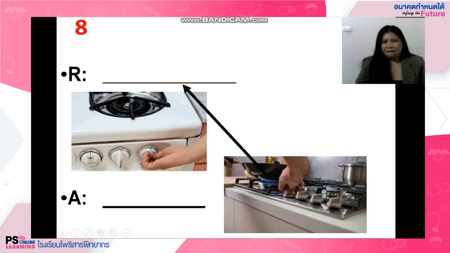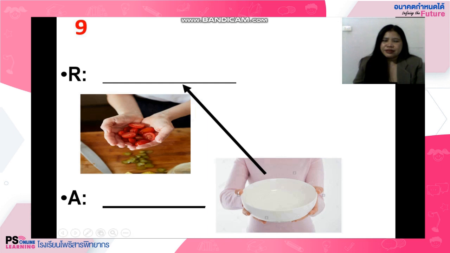Number 9. Oh, look. Look at the action, okay? The arrow. Look here. What is the request? Because you are cutting tomatoes, right?